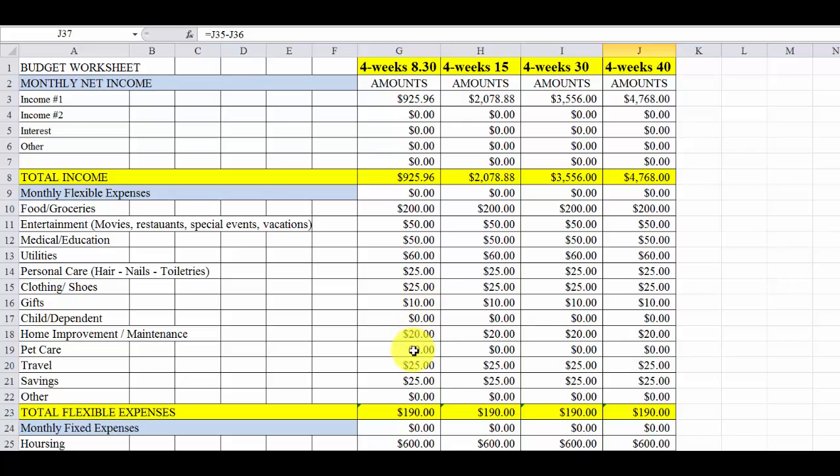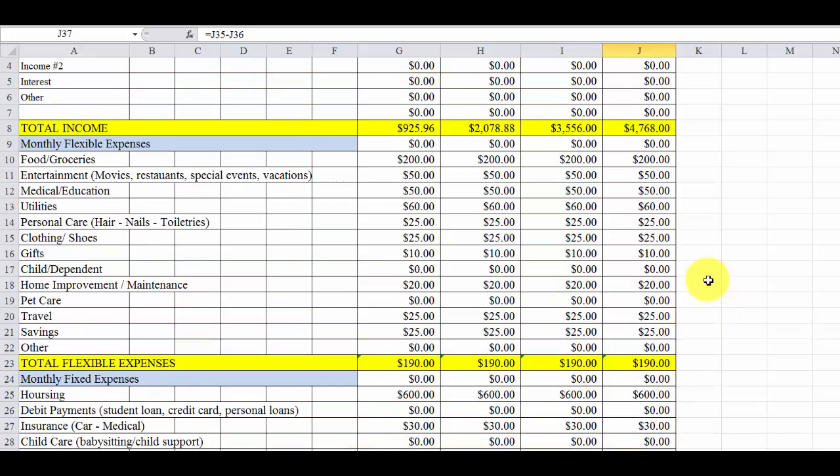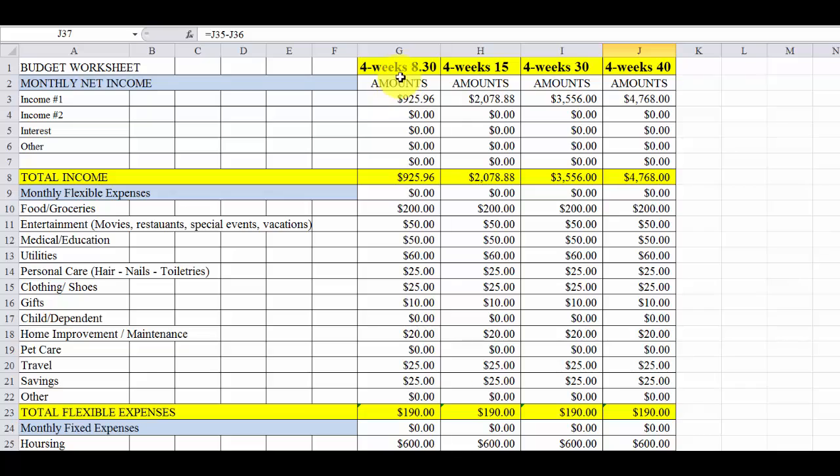Home improvement, I said $20. You might say it's higher or lower. You make the call. But we provided for you an example so you can see the difference, which I think is very important. That's the whole idea of planning ahead. Again, you'll find two of these: the first one is blank, and the second one we have these amounts on.